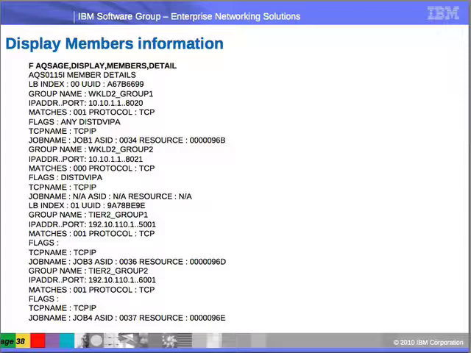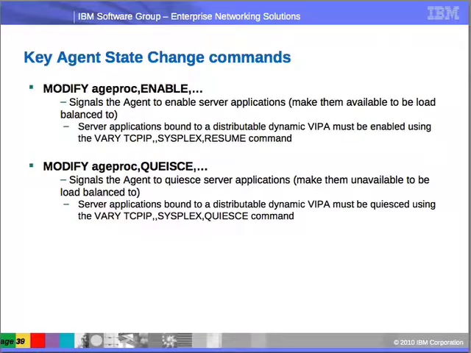A couple other quick commands, and then I think we'll run out of time. We also have state change commands for agents as well. There are 2 of them here. Similar, if you're familiar with Sysplex, to where you can resume and quiesce target applications. For example, with Sysplex Distributor, if you have 4 targets and you want to bring one of those targets down, you can quiesce that target so Sysplex Distributor no longer goes to that specific target.